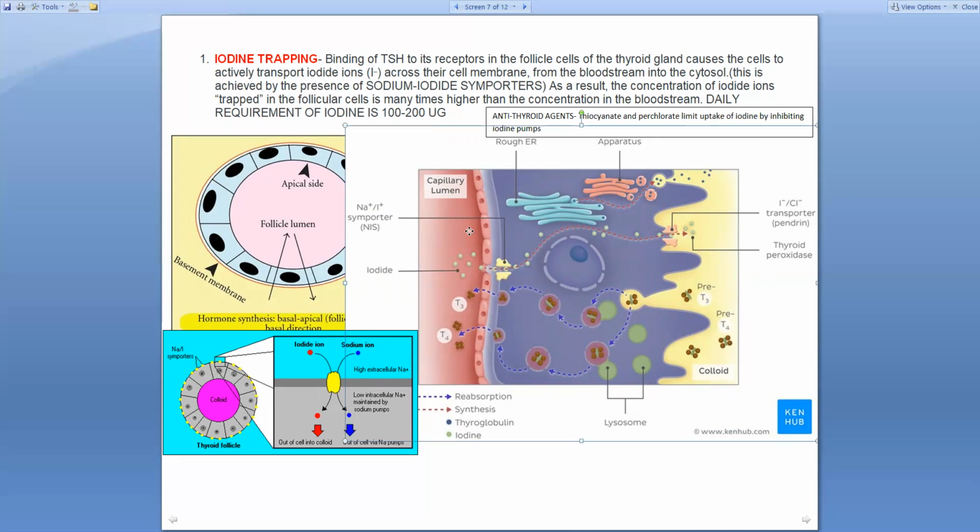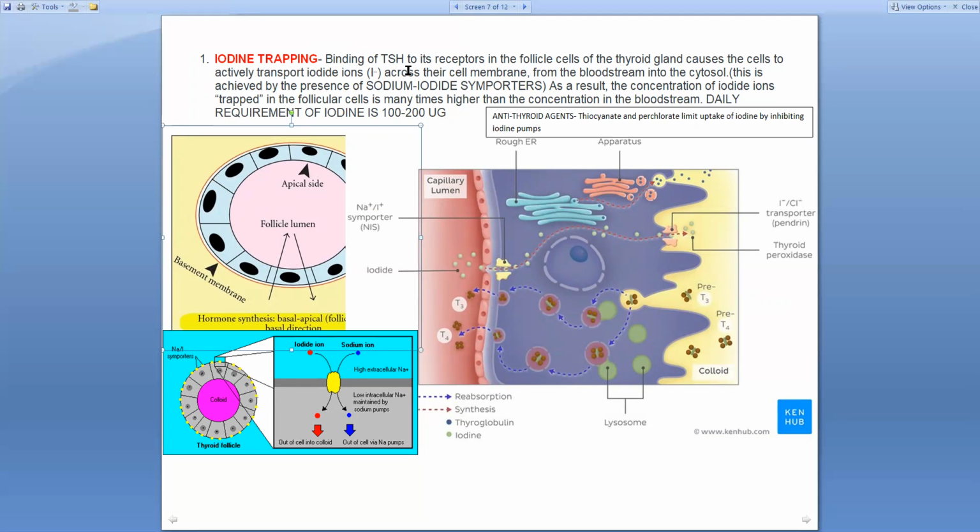See, the first step is iodine trapping. Binding of thyroid stimulating hormone, which is released by anterior pituitary. So TSH from anterior pituitary travels through the blood, reaches the thyroid gland, then reaches the follicle cells.